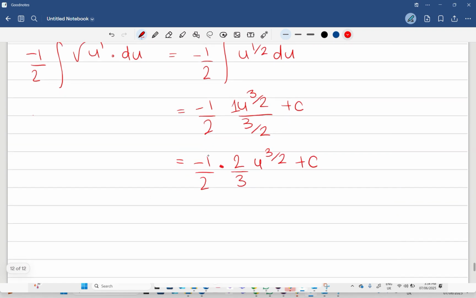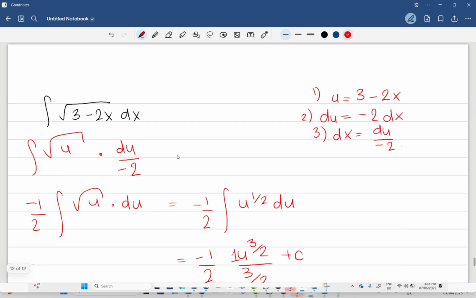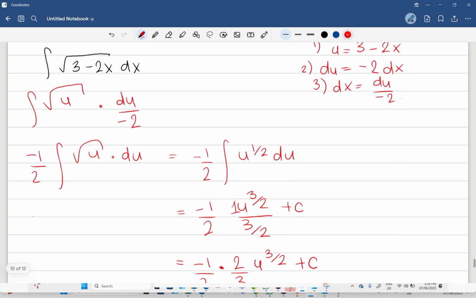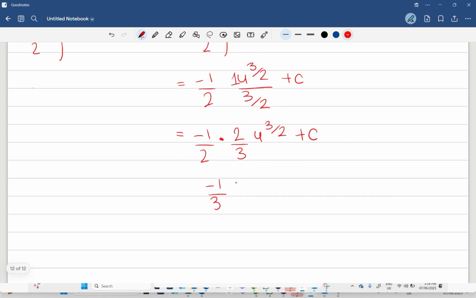Now I'm going to multiply negative half by 2 over 3, which gives me negative 1 over 3. Now for the u, I'm going to substitute what I took as u, which is 3 minus 2x. So I'm going to put (3 minus 2x) to the power of 3 over 2 plus c. This can be my final answer.